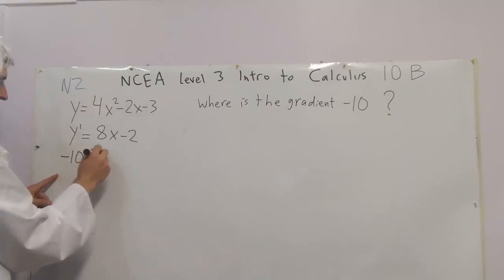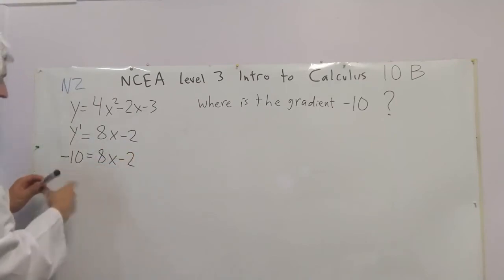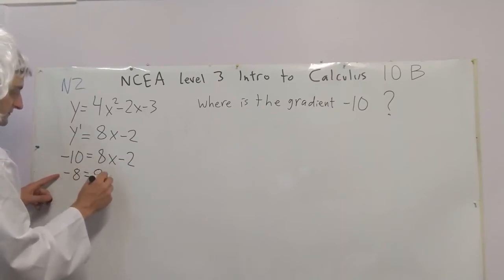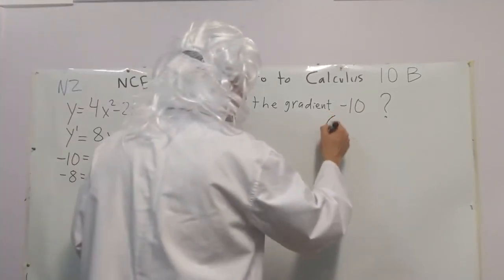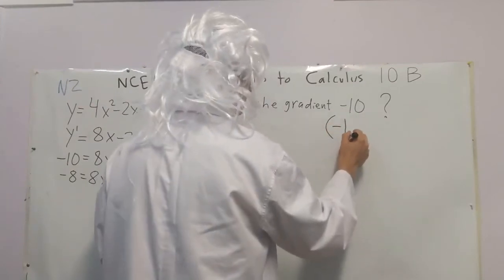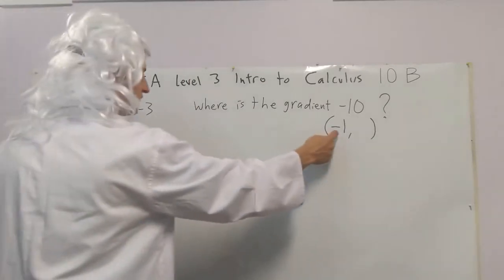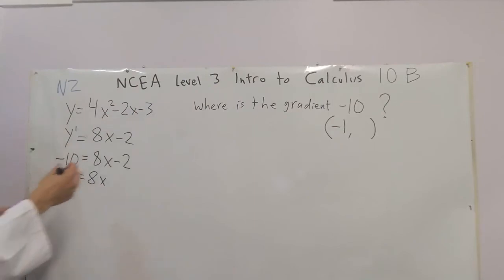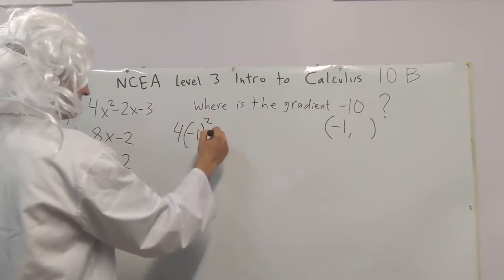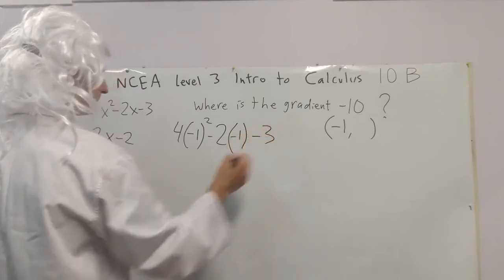-10 equals 8x minus 2. Now we add 2 to both sides. That gives us -8 equals 8x. What we know is that x equals -1. Now we just need to find y. What we do is we plug -1 into this right here. 4 times -1 squared minus 2 times -1 minus 3.